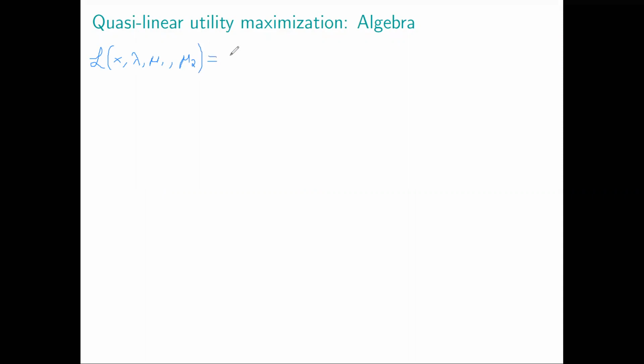Right, so let's write down the Lagrangian. We have v(x1) plus x2 plus lambda times the budget constraint, so we put this here. So we have m minus p1x1 minus p2x2.